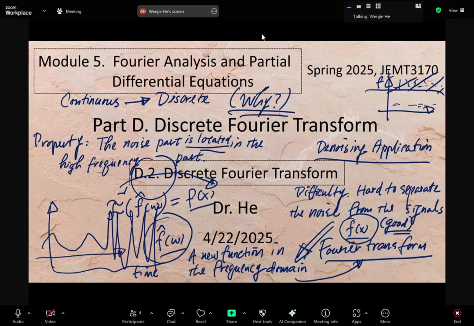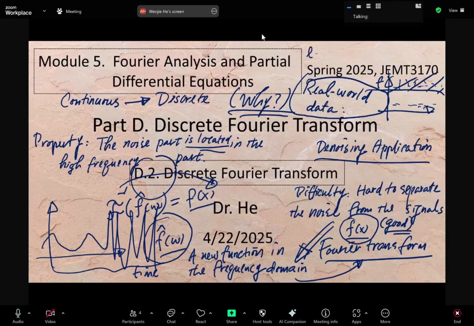The reason we apply the Fourier transform is to solve real world problems, so we need to look at the data we have in the real world. What kind of data format do we have?